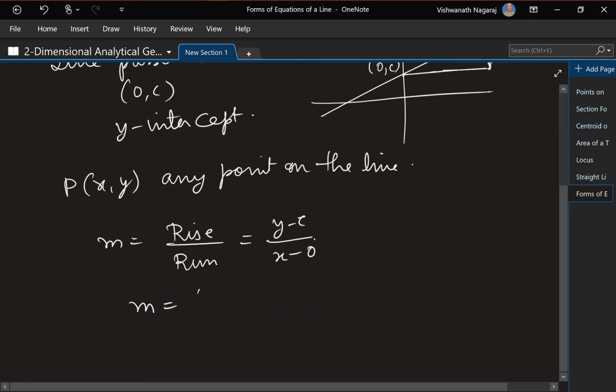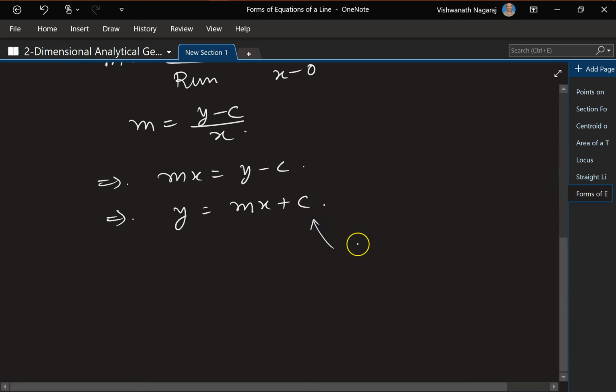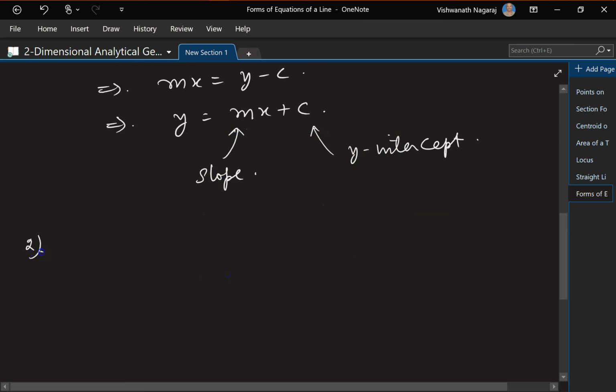So that means m is equal to y minus c by x, which in turn implies mx equal to y minus c. Remember, we want it in terms of y is equal to mx plus c. So here c is the y-intercept, m is the slope.